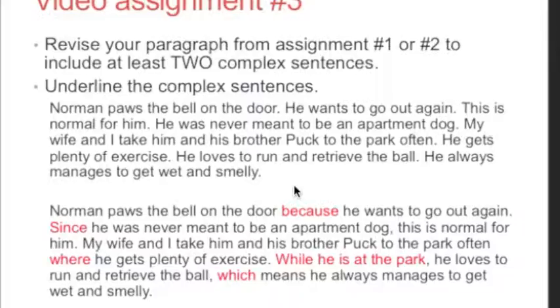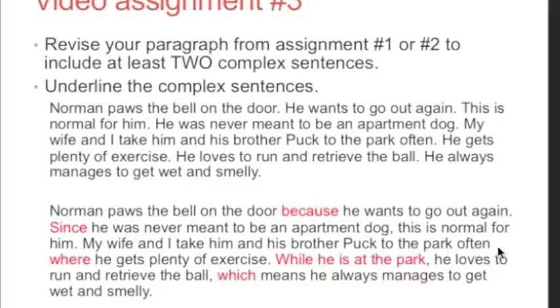And I'm just going to read from the second paragraph this time. My wife and I take him and his brother Puck to the park often, where he gets plenty of exercise. Okay, so independent clause leading into a dependent clause, and I've started that with where, which is an adverbial clause. And remember, it doesn't matter if you remember all of the jargon, as long as you can understand the concepts. So let's just take the dependent clause where he gets plenty of exercise.